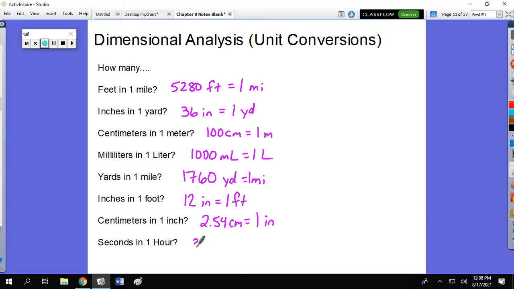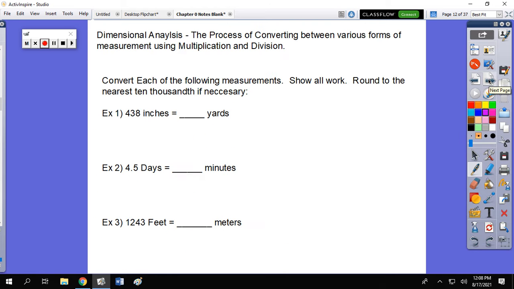They are equivalent amounts. Because all of these are equations, because the units on the left and the right are equal, we can use these facts that there are 3,600 seconds in 1 hour to convert between seconds and hours if we needed to. So what we're doing here is something called dimensional analysis.